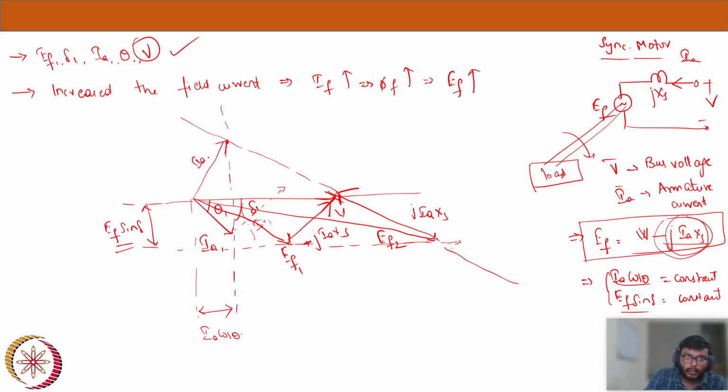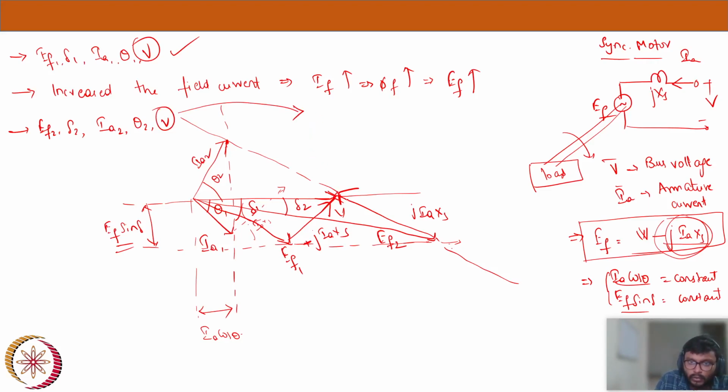This is IA2, and this is theta 2, this is EF2, and this one would be delta 2. Now we have got EF2, delta 2, IA2 and theta 2, with V constant. In this condition, is it overexcited or underexcited?